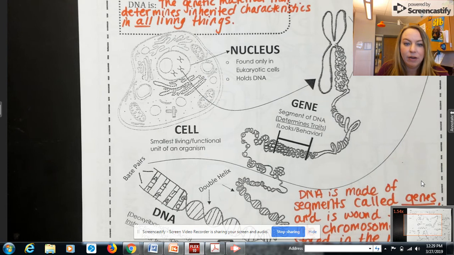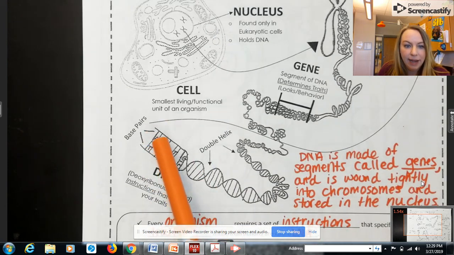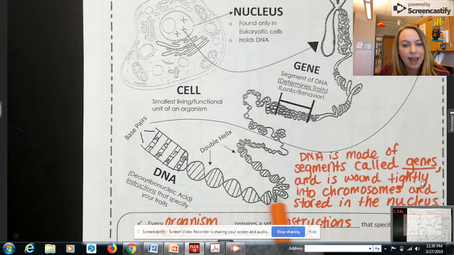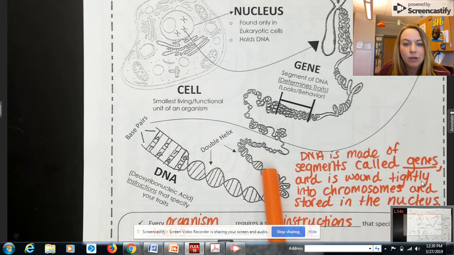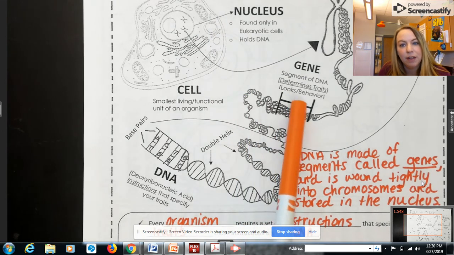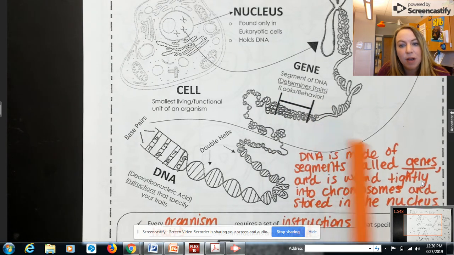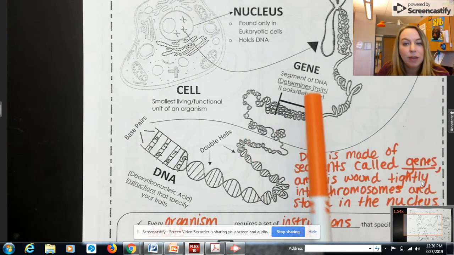So basically, here you've got your DNA, which is made of all these base pairs, A, T, C, G, T, A, C, G, with that twisted ladder shape. Within that twisted ladder, a gene is just one small segment of the DNA.